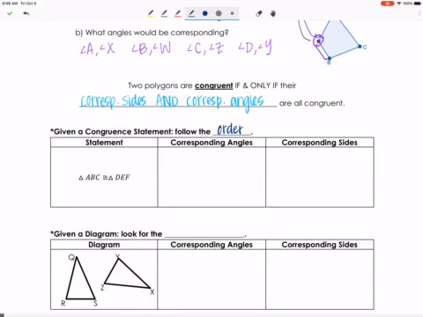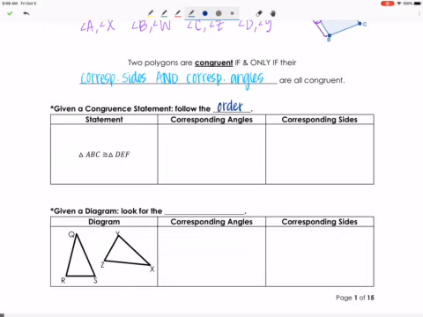All right? So if we have triangle ABC is congruent to triangle DEF, angles-wise, if angle A is listed first, then its corresponding and congruent partner would be angle D. Angle B would be corresponding to angle E, and angle C corresponding to angle F. Similarly with your sides, when we list the sides that are corresponding, follow the order.